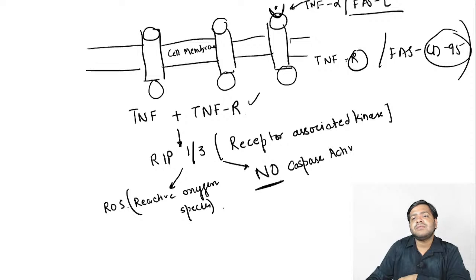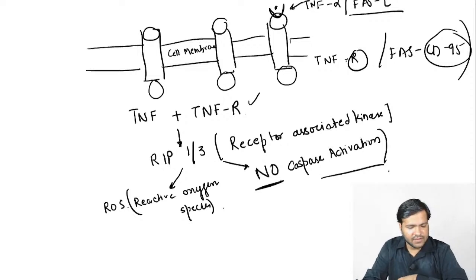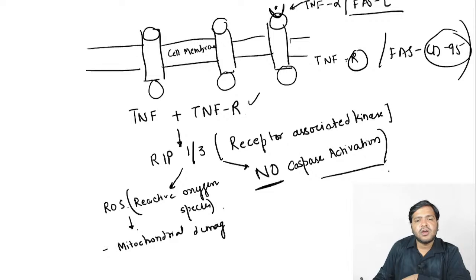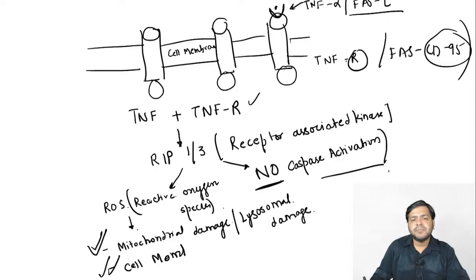Write it down in big letters: no caspase activation. So the reactive oxygen species will now lead to mitochondrial damage. Now if mitochondria is damaged, you know the other structures are affected, such as lysosomal membrane damage.